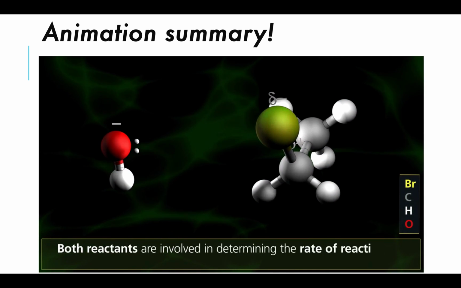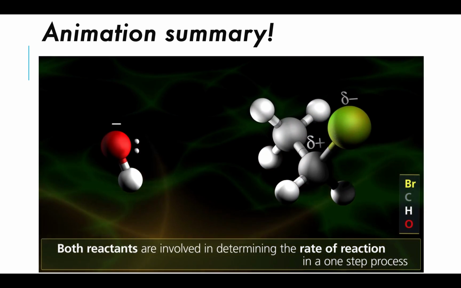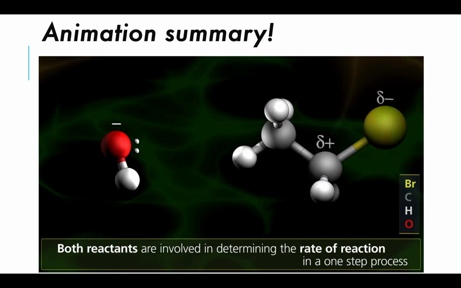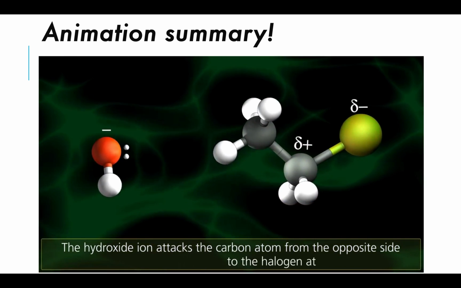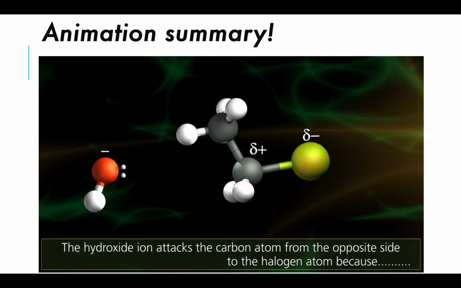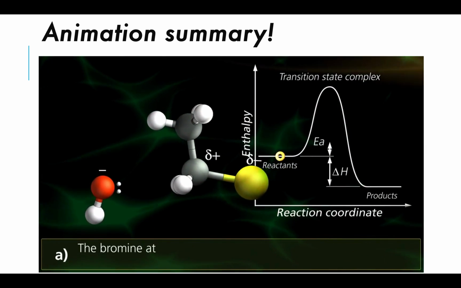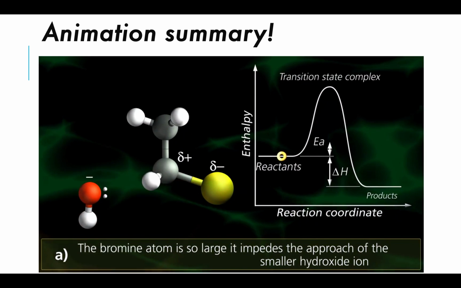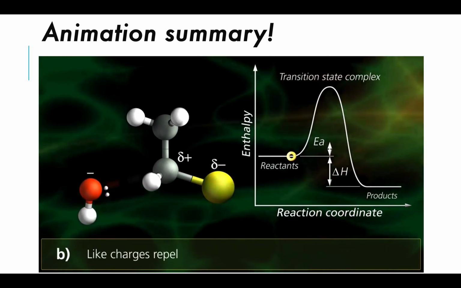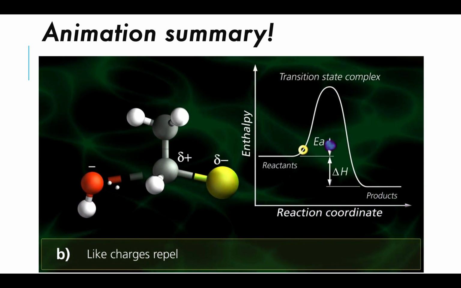Both reactants are involved in determining the rate of the reaction in a one-step process. The hydroxide ion attacks the carbon atom from the opposite side to the halogen atom. Because the bromine atom, A, is so large it impedes the approach of the smaller hydroxide ion, and B, it repels the negative charge nucleophile.